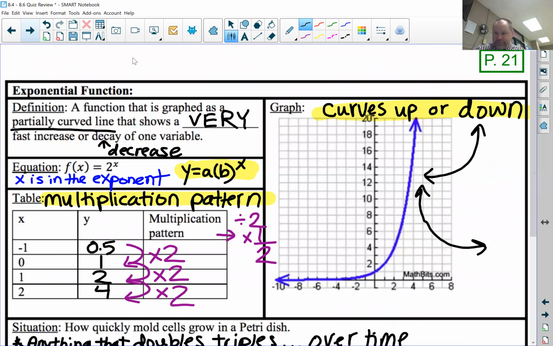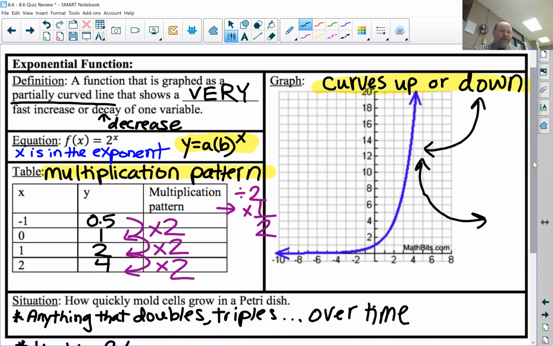The new type of function is this thing called an exponential function. An exponential function is a partially curved line that shows very fast either increase or decrease. And decrease, a common word for that is decay.